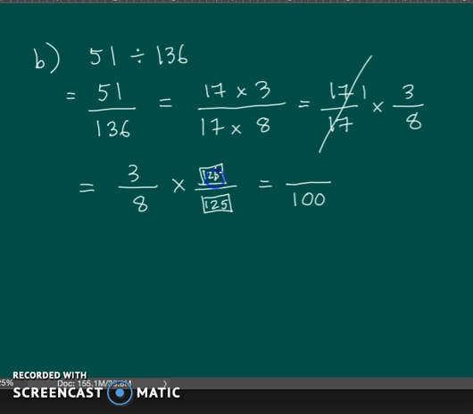Sorry, tiny writing here. And 3 times 125 is 375. Whoops, I wrote 100, but what I meant was 1,000 here. And in decimal form, that is 0.375. And that is our decimal answer.